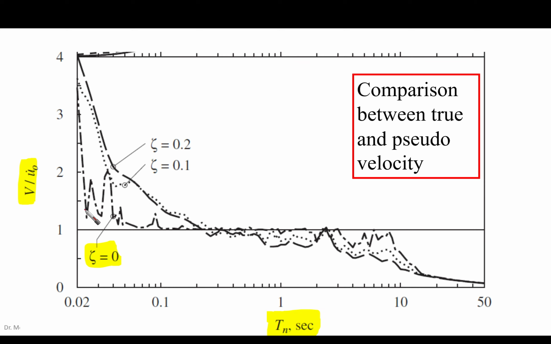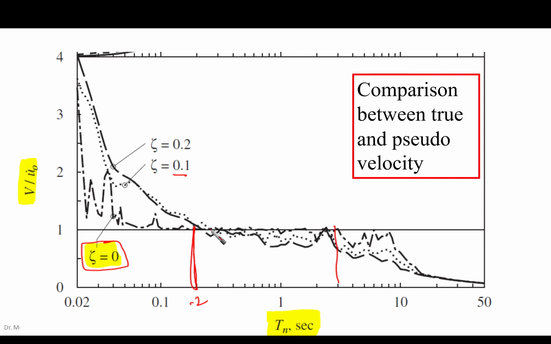Okay, this is the ratio here, these are the curves for different damping ratios. We are very near to damping ratio 0, almost like 0.02, which is very close to this one, in between damping ratio 0 and damping ratio 0.1. We are in between these two curves. If you look at the practical range of the period, as I said, it starts from 0.2 almost here, and we are talking about 1, 2, 3.